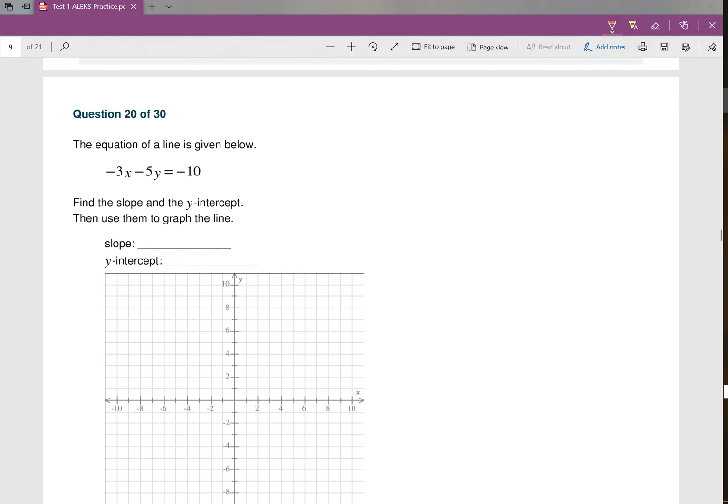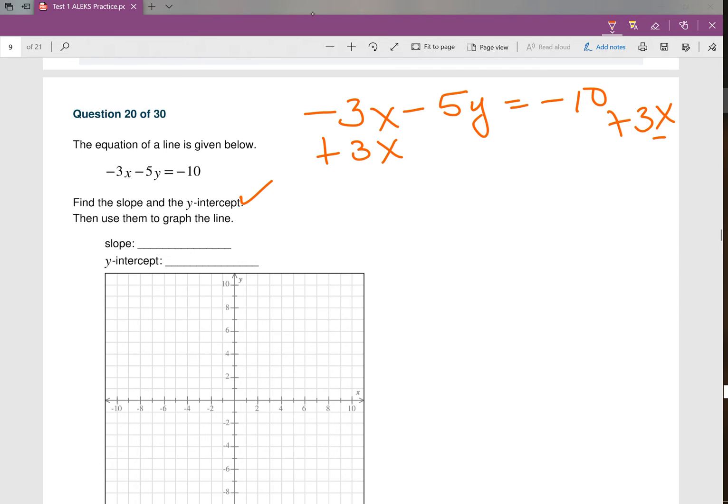Okay, same thing here. You have a line. They want you to find the slope and the y-intercept. Before you even begin, you have to re-express this. So I have to add 3x to both sides, so it cancels over here, leaving me negative 5y is equal to 3x minus 10.